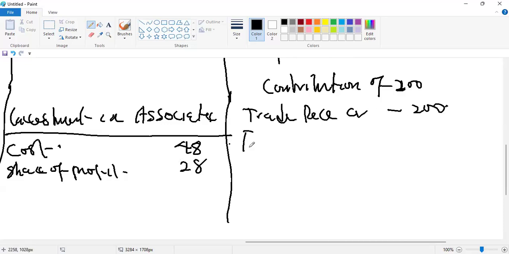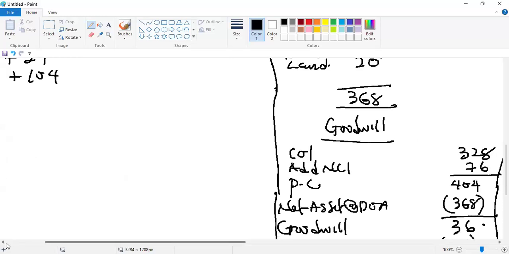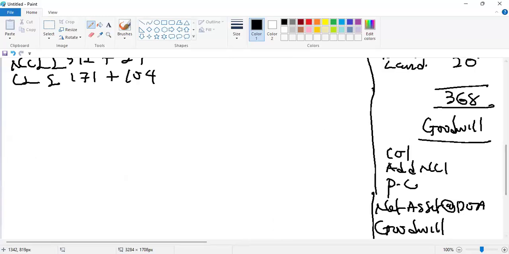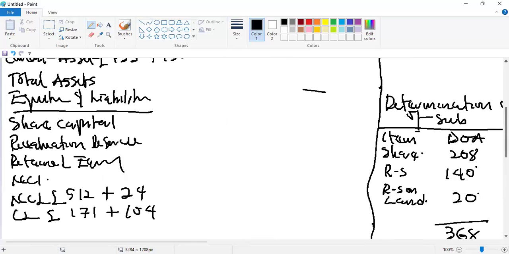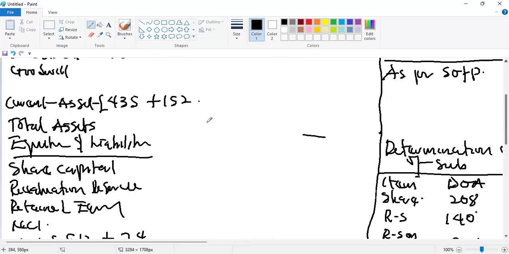I will now go to the pension plan and debit. This is the first issue. You are not supposed to include it in a trade receivable.